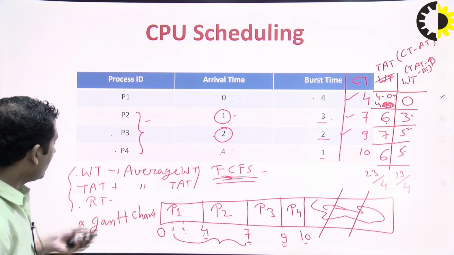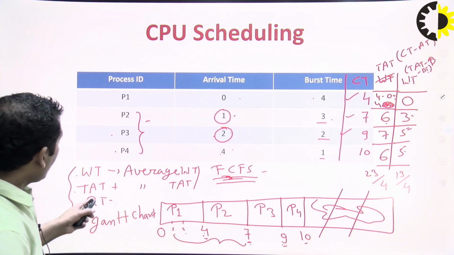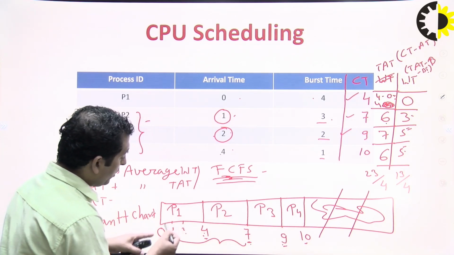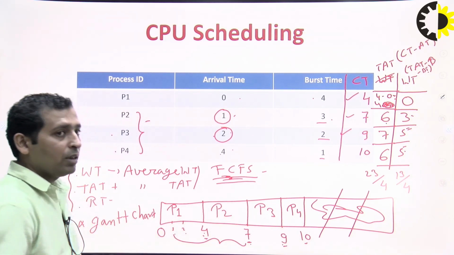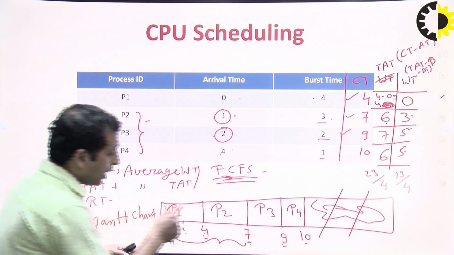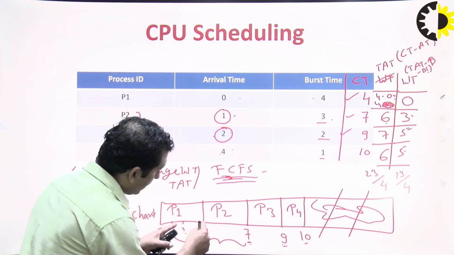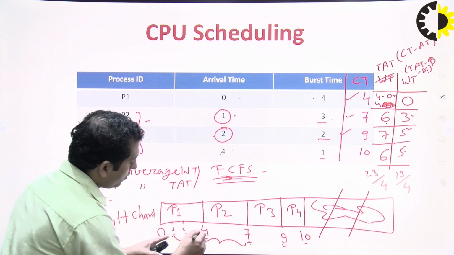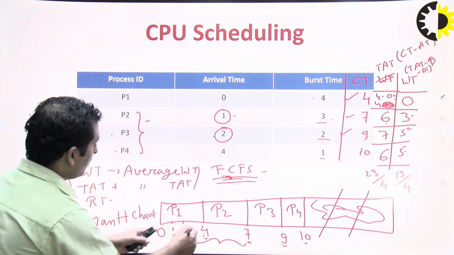Response time is also there. Response time for P1 is 0, as it does not wait. For P2, the process arrives here and gets the CPU here, so 4 minus 1 equals 3.